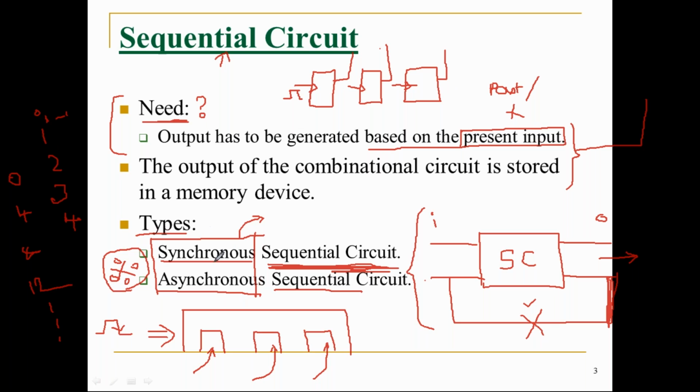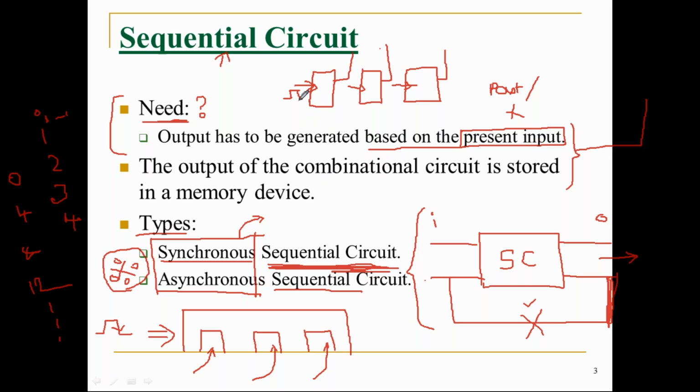Okay. So the first part is synchronous. It means that all the flip-flops in a counter, or all the flip-flops in a sequential circuit, get a clock pulse at a time, or simultaneously. That's all. This is called a synchronous sequential circuit. But asynchronous means what? Only the first flip-flop initially gets the clock pulse. Please listen and understand carefully, because it's a very important fundamental to keep in your mind for understanding all the counters in the later part of this unit.